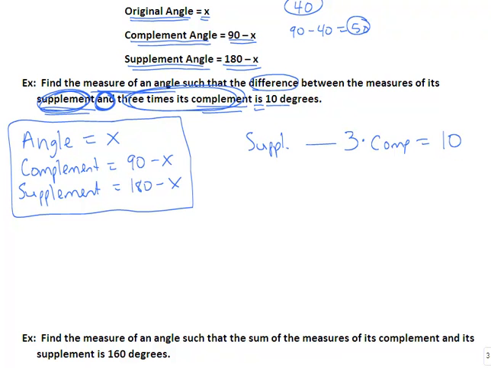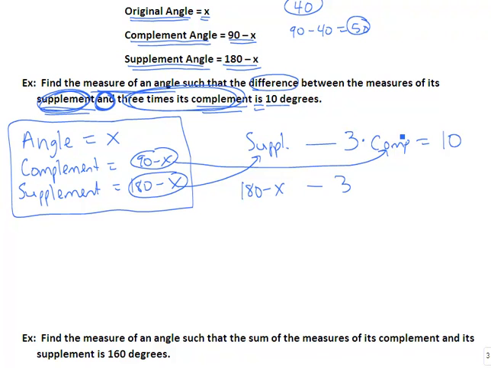Now all we have to do is substitute in using the appropriate variables over here. Wherever I had the word supplement, I'm going to substitute in this 180 minus x. Wherever I have the word complement, I'm going to substitute in 90 minus x. So that's going to go right here.